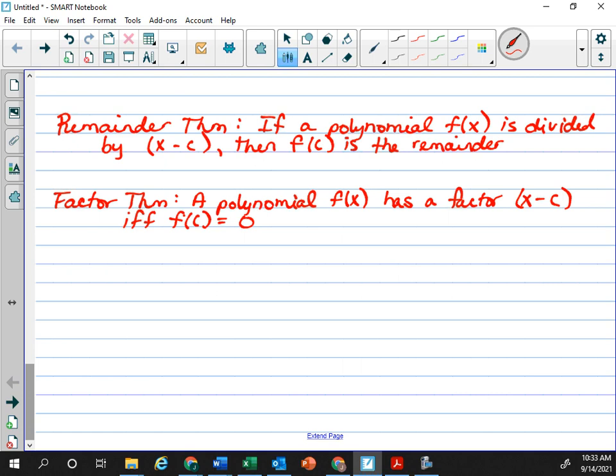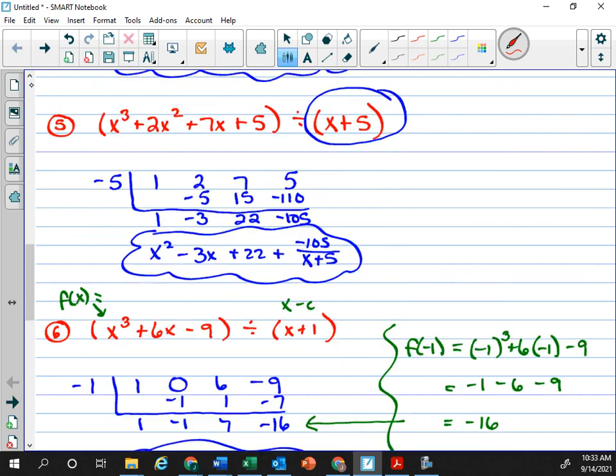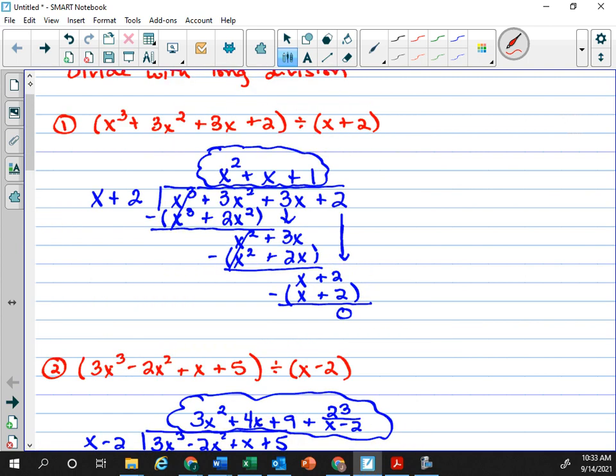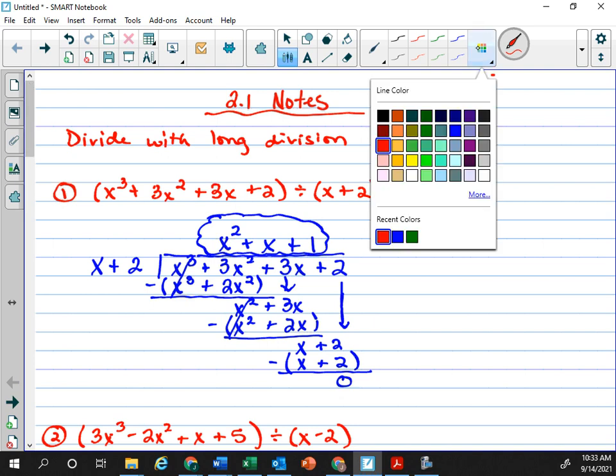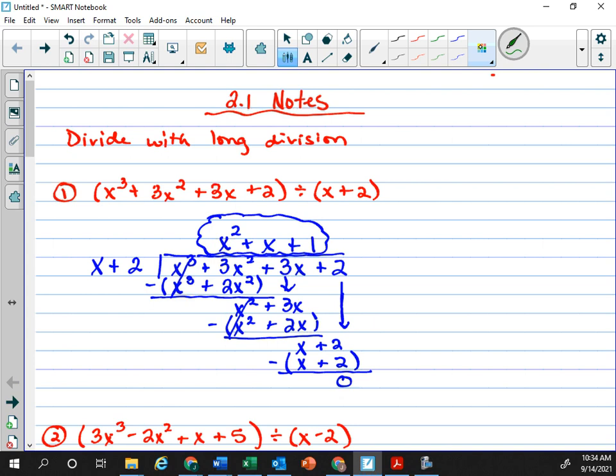Okay, what that's saying, that's what we talked about way back here in the very first example. We went through all of the division and got a remainder of 0, right? If I had done f of -2, like if I had plugged in what I was dividing by here. Let's see. -2 cubed plus 3 times -2 squared, plus 3 times -2 plus 2.